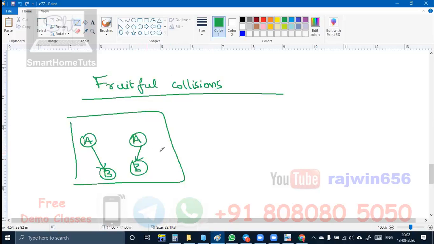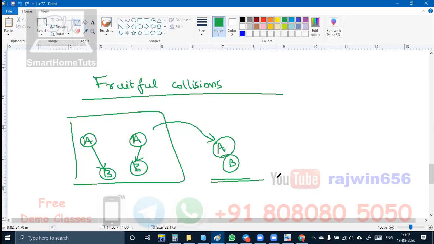It is not necessary that whenever A and B collide, it will always form AB. Not always. Only in some cases, depending upon the conditions you are using, will they produce AB. Those collisions only which result in formation of product will be known as fruitful collisions.